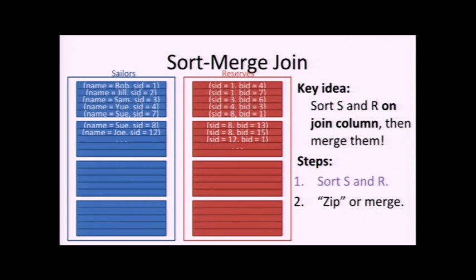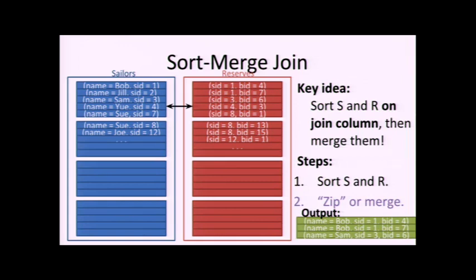So we first sort S and R, and basically we go through S and R, and for each matching tuple, we output it as we encounter the matching tuple. So we keep doing this until we're done with S and R.